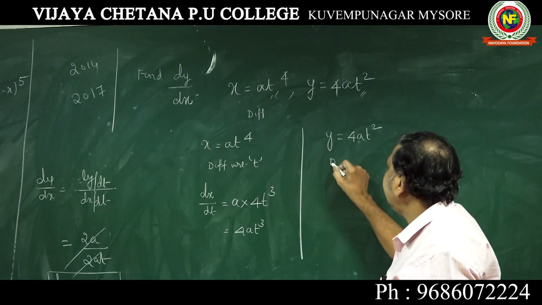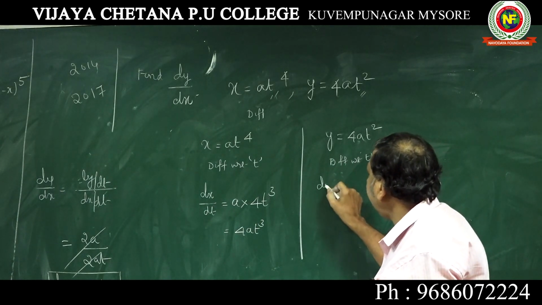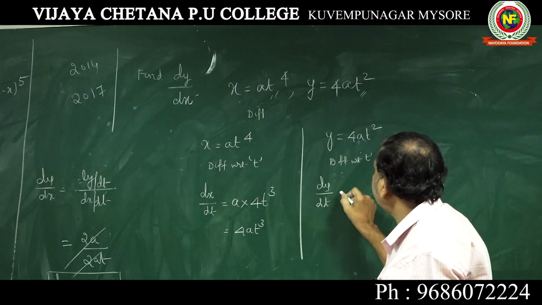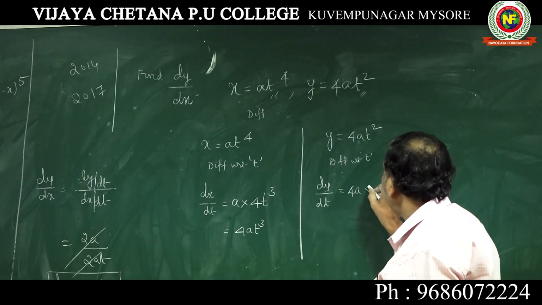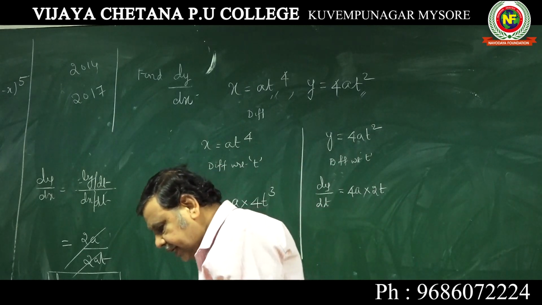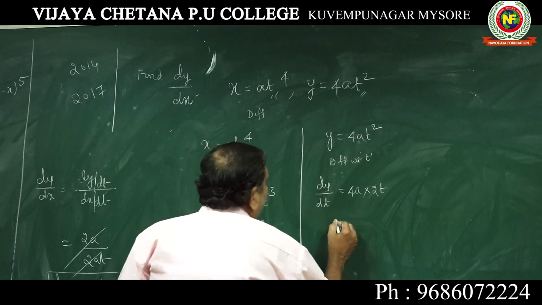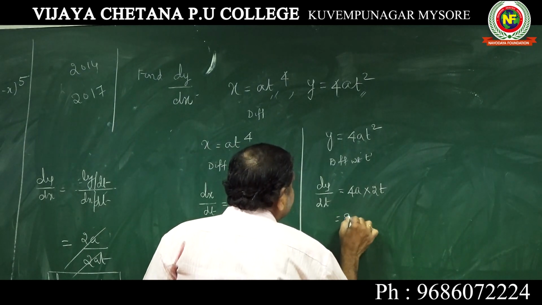Differentiate with respect to t, t is the variable. dy by dt will be equal to 4a into t square is 2t. Differential coefficient of t square is 2t. It is 4a into 2t, or you can also write 8at.